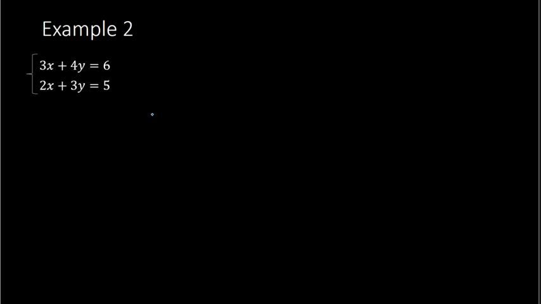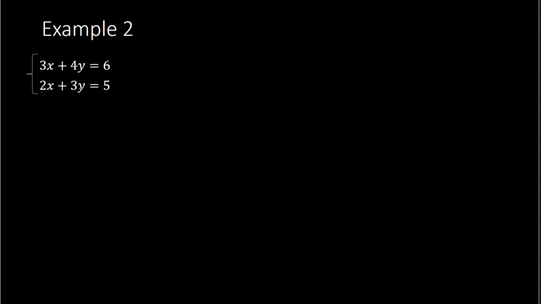And even if I try to multiply just one equation by something, they won't cancel either, because looking at the x's, if I try to get the 2 to become a 3, 2 times what gives me 3? It's going to be a fraction, which we don't want, so that doesn't work. The y, to get the 3 to become a 4, I would also have to multiply by a fraction, which we don't want.